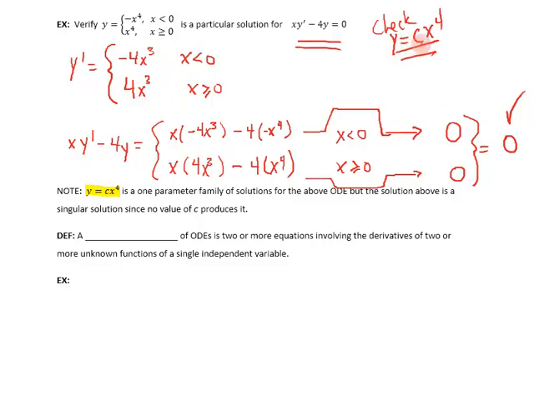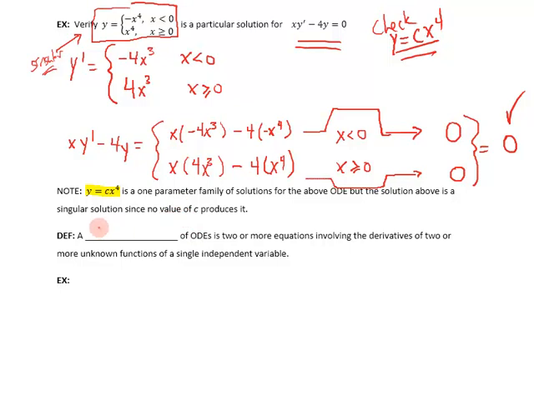You can't plug in a c in here and get this, which makes this one right here a singular solution, meaning that it's not a special case of that one-parameter family, so we call that singular. Not the same concept of singular that you learn in linear algebra. In this case, singular solutions are solutions that don't have to do with a particular parameter family.